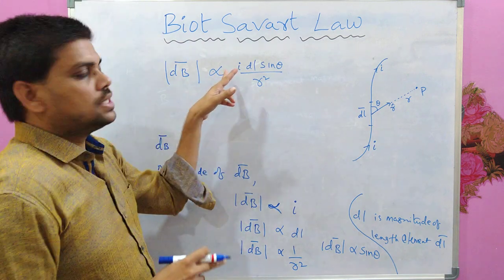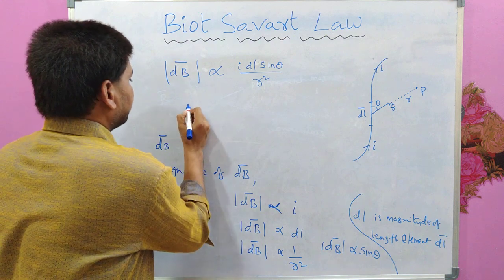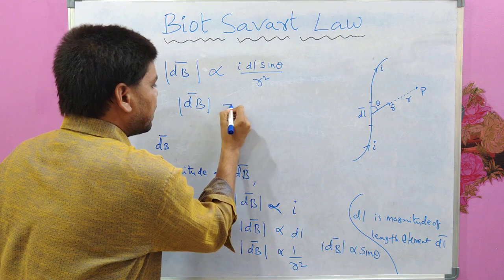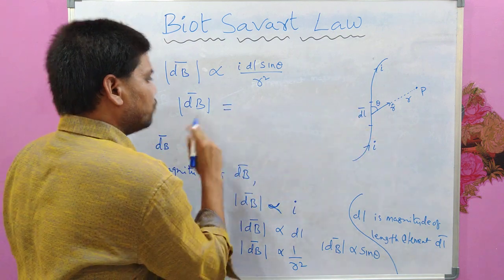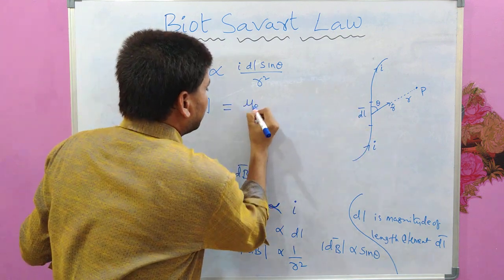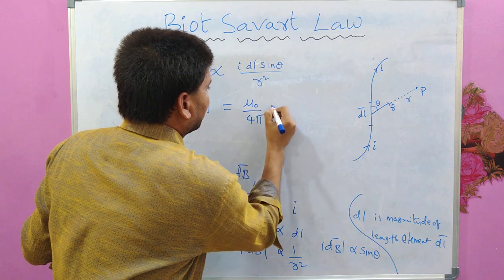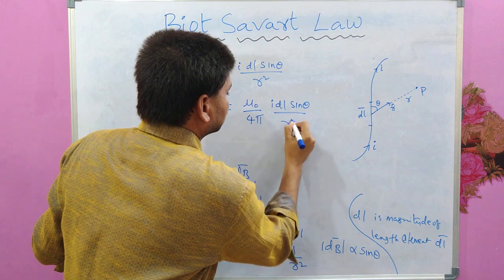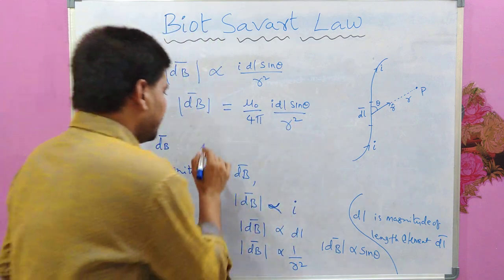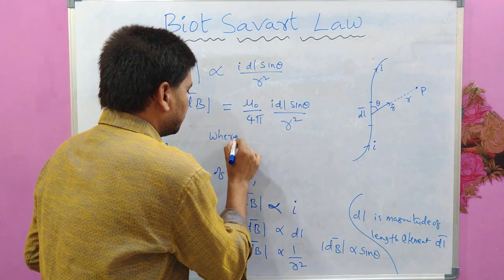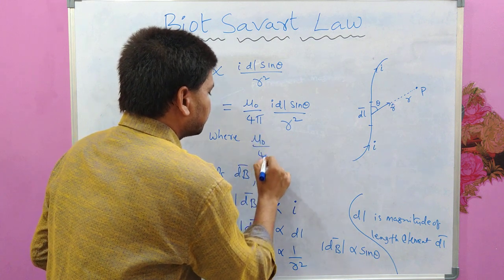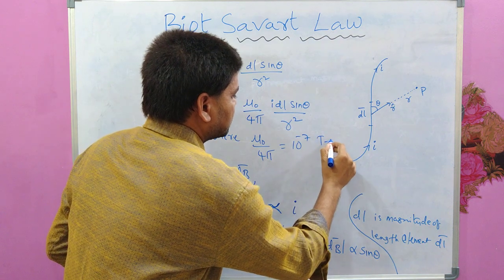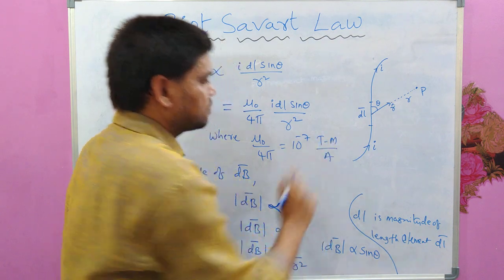If you remove this proportionality constant, then the magnitude of this magnetic field at point P would be mu naught by 4 pi I dl sin theta by r square, where mu naught by 4 pi is equal to 10 power minus 7 Tesla meter per ampere.